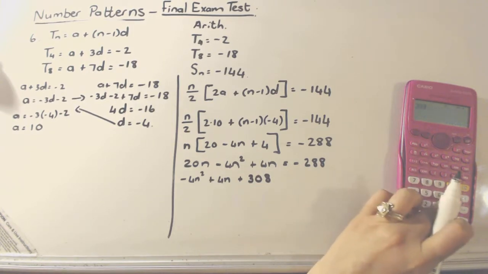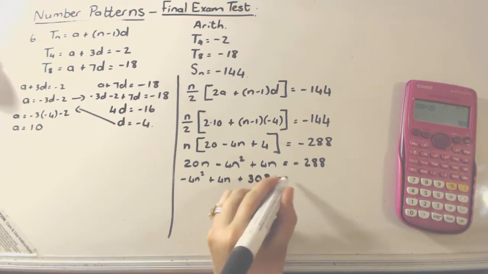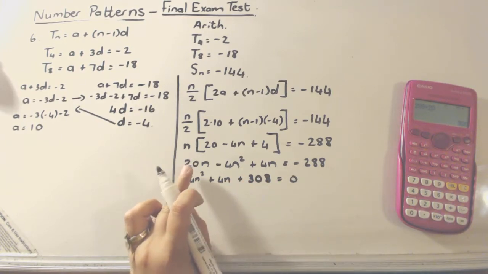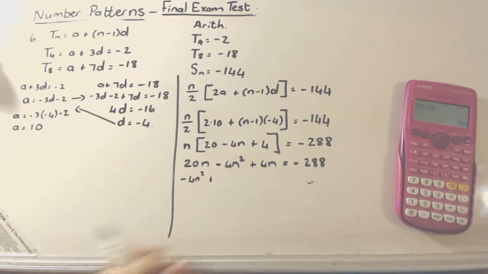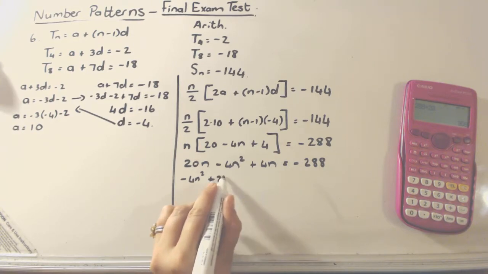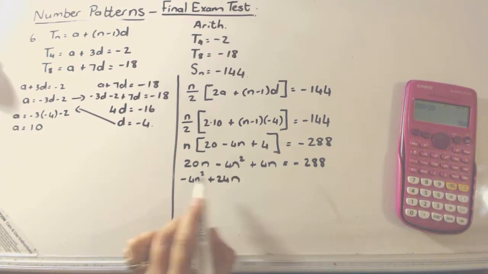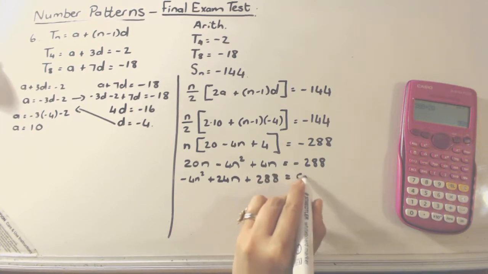Let me just check. 288 plus 20 is 308, equal to 0. So, oh, that's not a, whoops, that's an n number. 20n plus 4n is 24n. And then that just plus 288.